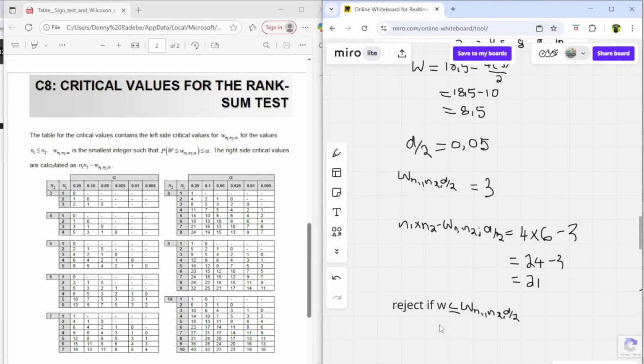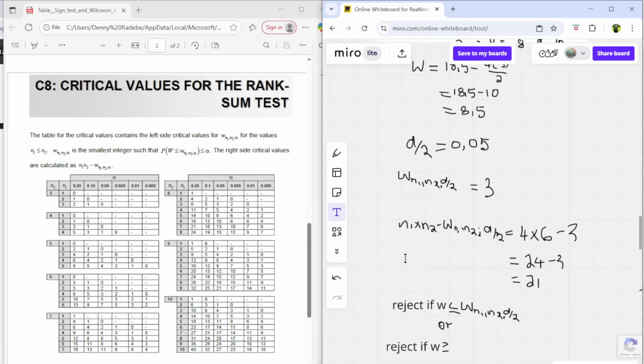So you reject if this is the case, or you also reject if W is greater than or equal to this part.